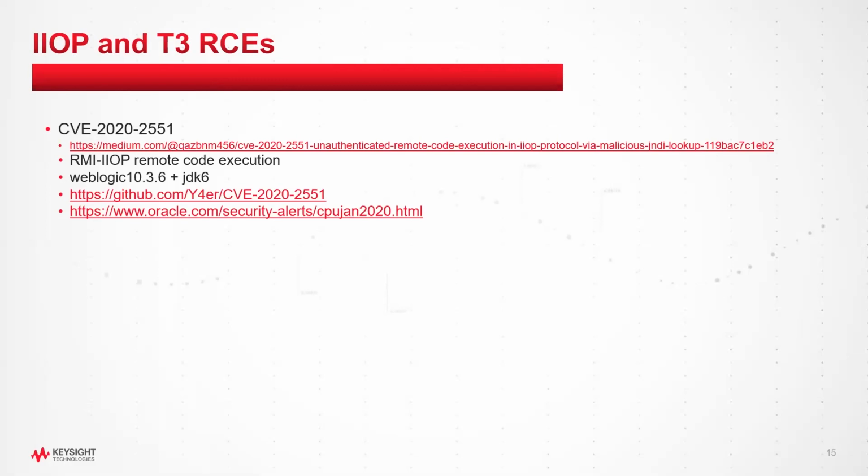Basically, it queries a remote serialized malicious object hosted by a rogue RMI server. Some technical information you can find on that Medium blog, along with the POC and the patch.